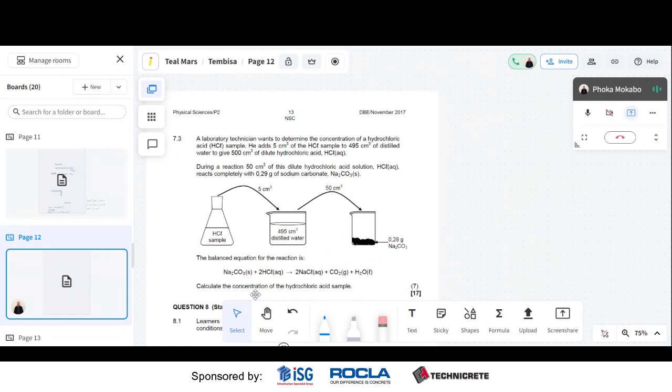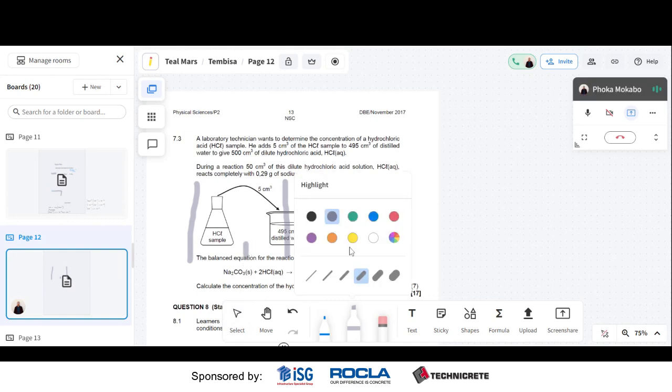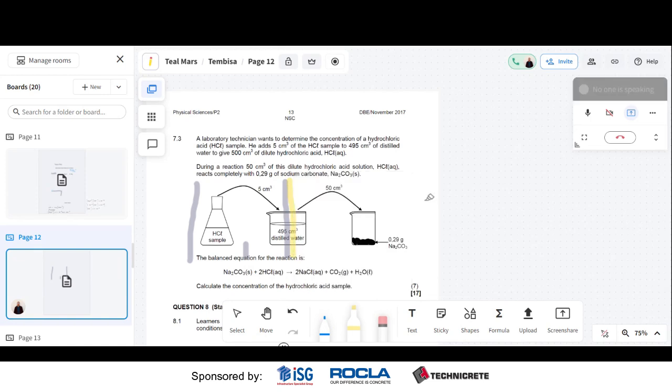Okay, given the balanced equation for this reaction, you're asked to find the concentration of the hydrochloric acid sample. Now, there's a lot to this question. There are two stages to this question as well. That over there being stage number 1, and this over here being stage number 2.